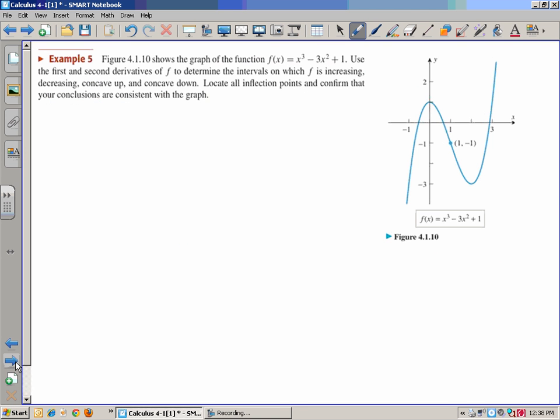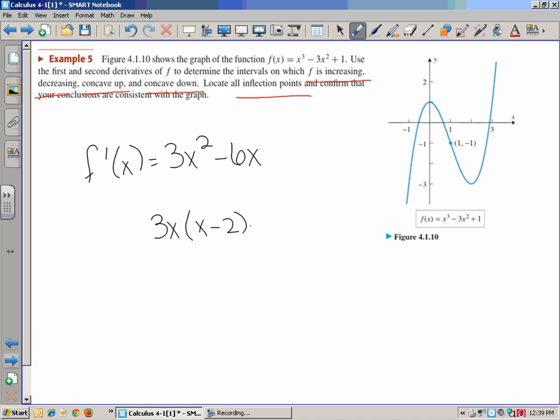Okay, so let's see. So there's a graph, and we want to find out all inflection points. So we want to find out lots of things. We want to know where f is increasing, decreasing, concave up, concave down, and the inflection points. Okay? So the first thing I want to do is take the first derivative. I get that. I want to set it equal to 0.